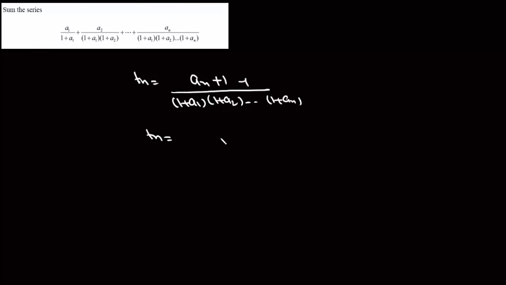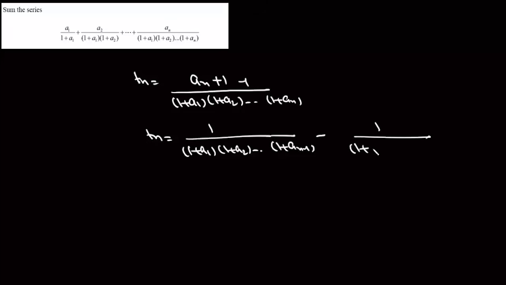So this Tn will be, now here 1 plus an will cancel, so it will be 1 upon (1 plus a1)(1 plus a2)...(1 plus a n minus 1) minus 1 upon (1 plus a1)(1 plus a2)...(1 plus an).